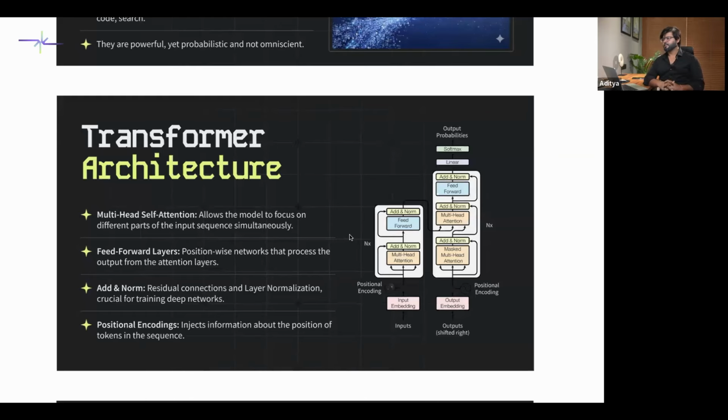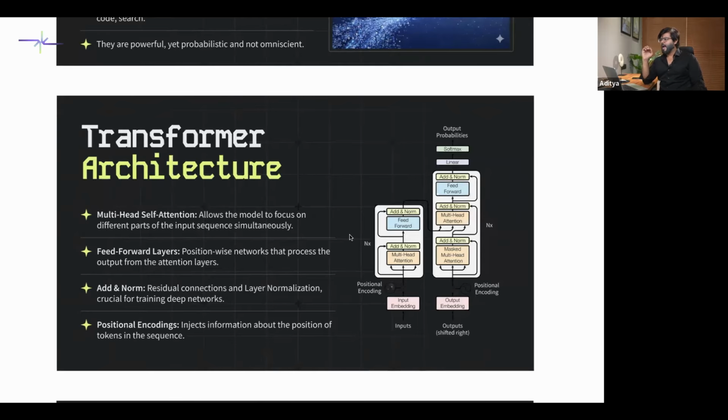Now feed forward layers. After attention, each token passes through a simple neural network to transform this information. And then you will see a word again, feed forward layer. Simply, each token passes through a simple neural network. And then the next important word is add and norm.